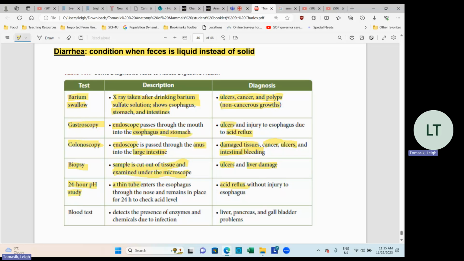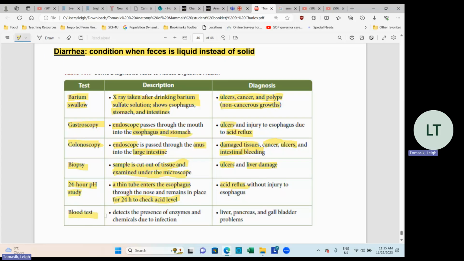So when they're testing to see if you have acid reflux, they put a tube in your esophagus through your nose, and it checks the pH constantly in your esophagus over 24 hours. And if the pH is too low, if it's too acidic, then they figure out that you have acid reflux.